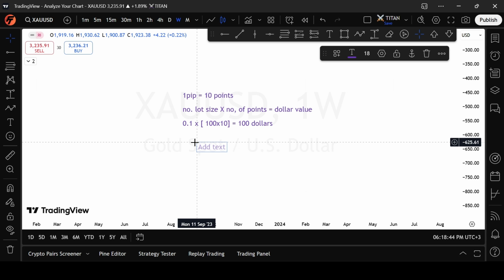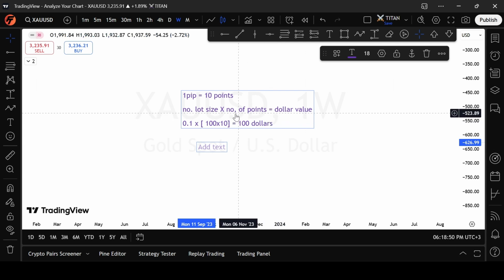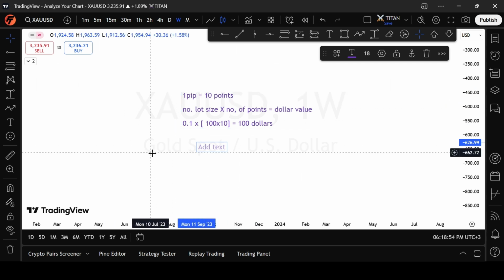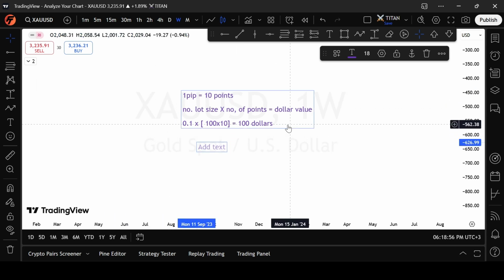If you need to find the number of pips that you're going to have to look for in the market, given that you want to risk, let's say, only $20, you can use this formula here. You want to risk $20 in the market.